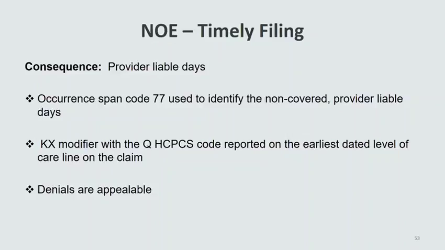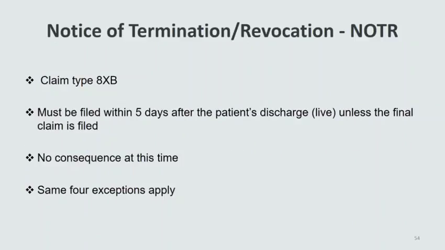And if your NOE is denied, you can appeal that denial. The biggest issue really is when the hospice does not have the correct start of care date and the KX modifier is used, but the explanation just really isn't clear enough to the MAC to allow the claim to go through.